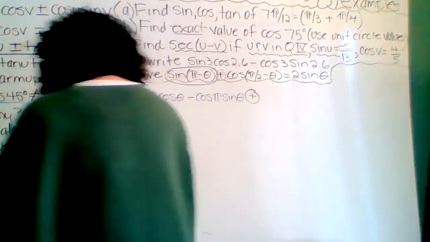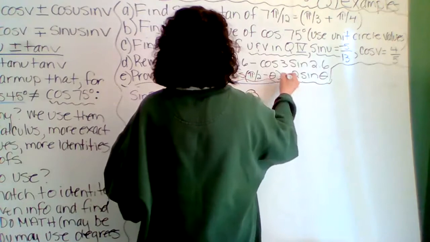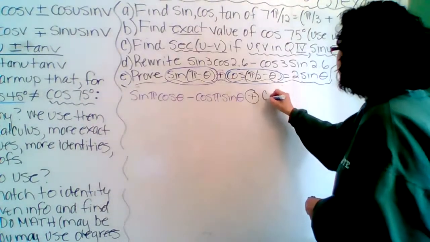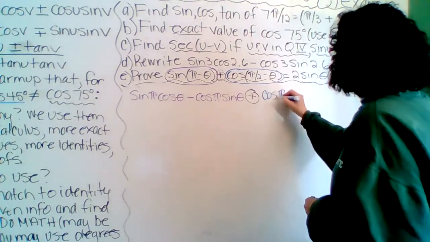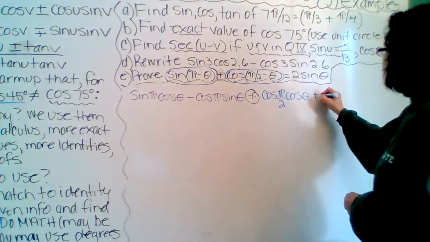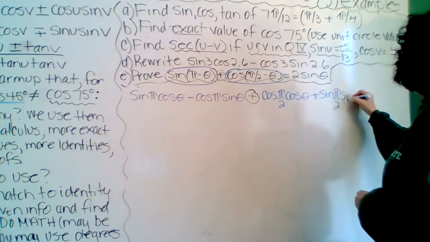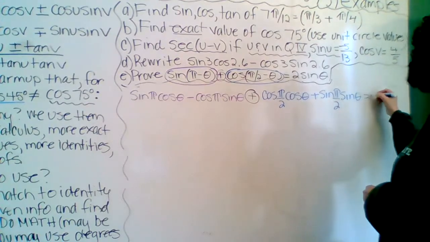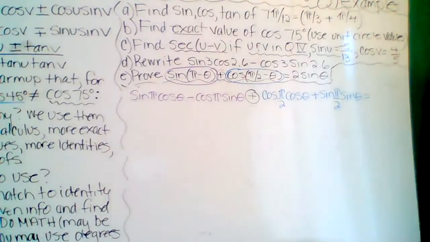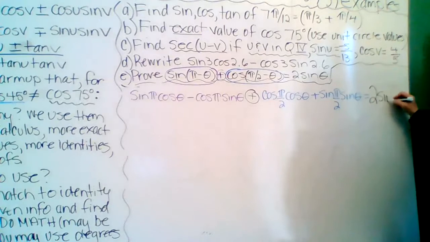Now I'm going to apply the formula for cosine of two angles being subtracted. And I know what that formula is. It is cosine of pi over 2 times cosine of theta plus sine of pi over 2 times sine of theta. And apparently this is equal to 2 sine of theta. Wow. This is how you know you're in pre-calc.